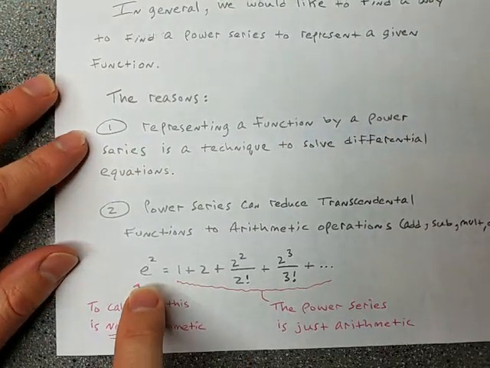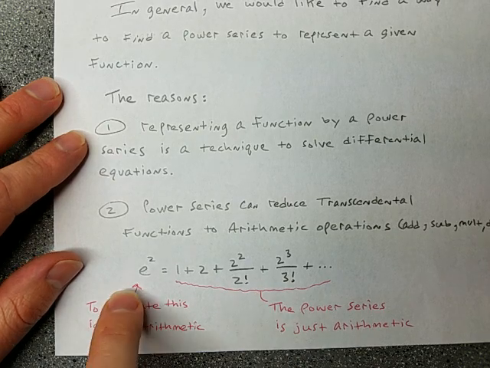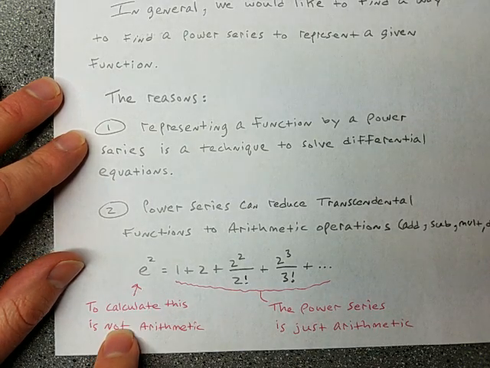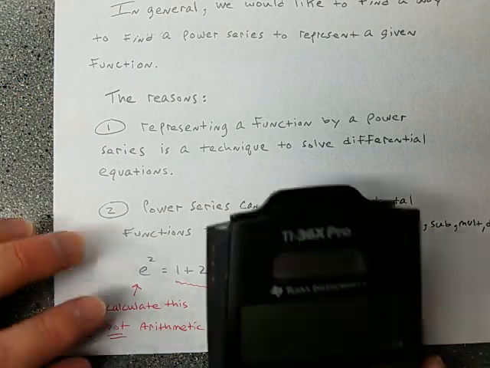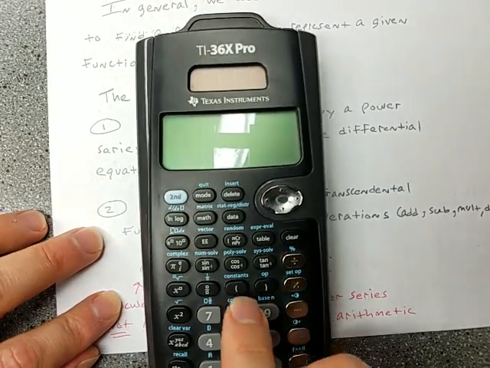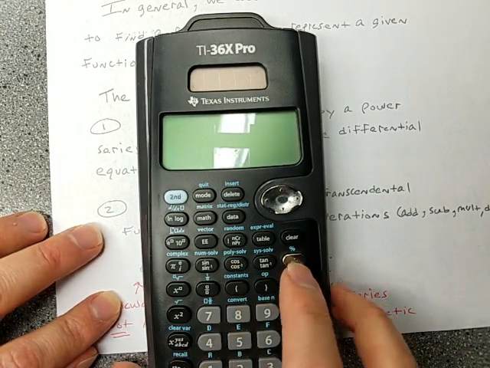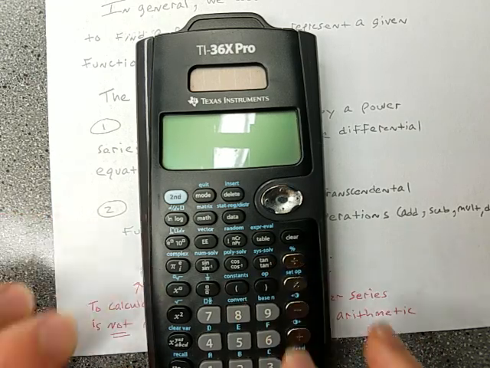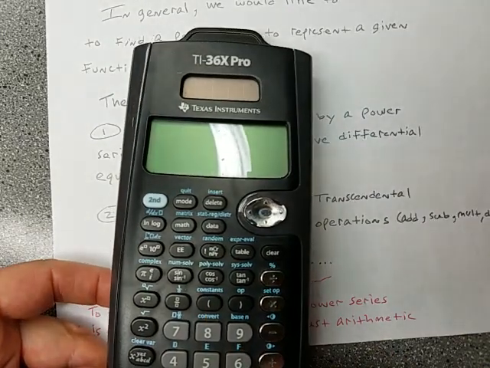For example, I could calculate e squared this way. And this is transcendental. It's not arithmetic, but the power series reduces it just to arithmetic. And the reason why I think that's interesting is, think about when you use your calculator to do sine or cosine or tangent or logarithm. You might never wonder about it, but how does the calculator do that?